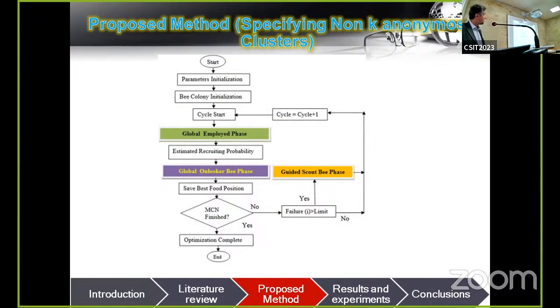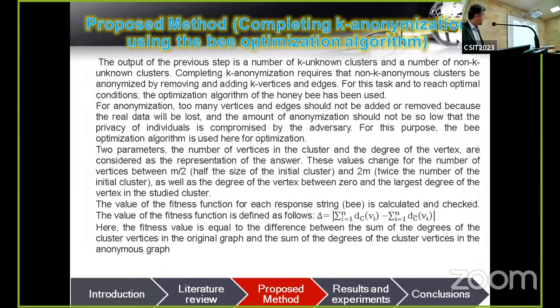Here is the flowchart of the honeybee algorithm used here. In completing kernels using the optimization algorithm, the output of the previous step is the number of K anonymous clusters and the number of non-K anonymous clusters. Completing kernels requires that non-K anonymous clusters be anonymized by removing and adding vertices and edges.